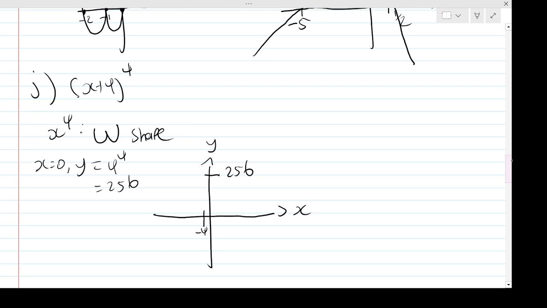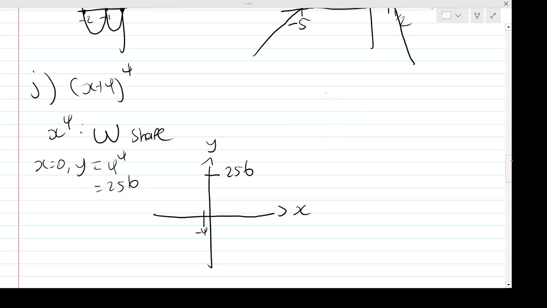Now we need to look at what type of root it's dealing with. This is to the fourth power. What's interesting is that when it's to the power of 4, it actually kind of looks like a double root. It kind of touches it, and that's what happens.